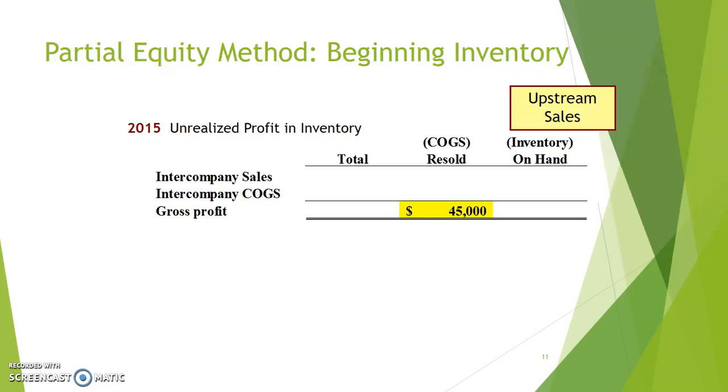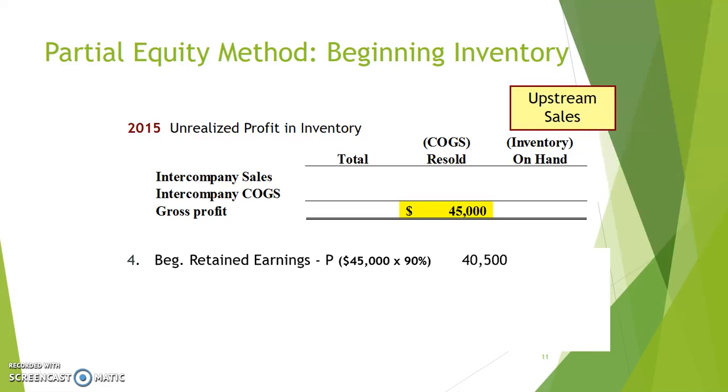With respect to the beginning inventory, we would now have 45,000 that was deferred in 2015 that would now be realized in 2016. To do this, we will make an entry of debiting the parent's retained earnings with 90% of that 45,000, because these are upstream sales. So 10% belongs to the NCI.